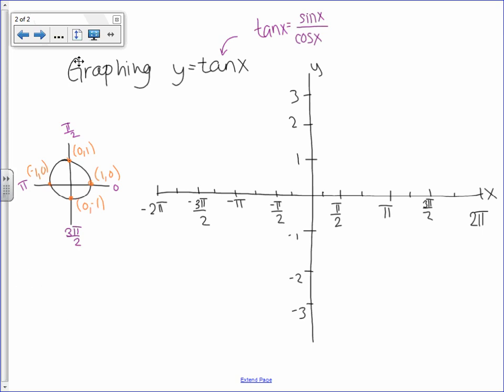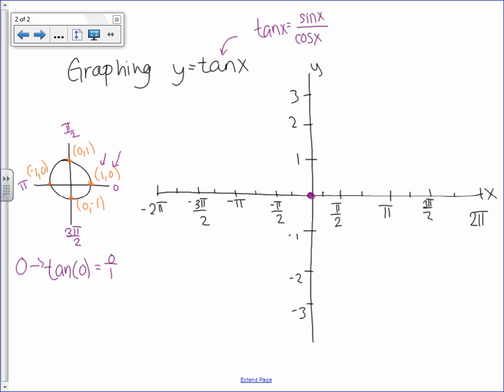So at 0, I look right here, I know that my cosine is 1 and my sine is 0. So the tangent of 0, remembering that tangent is sine over cosine, that is going to be 0 over 1, which is just 0. So here's this point.